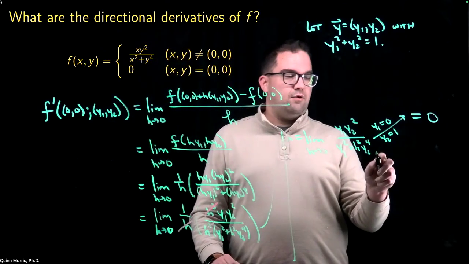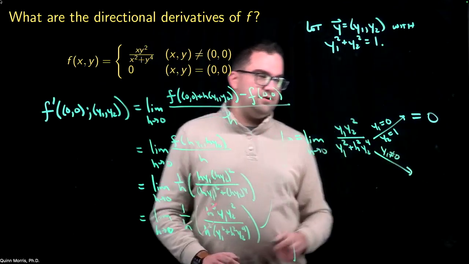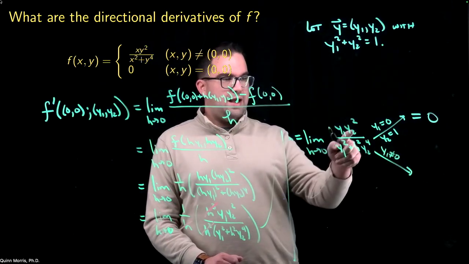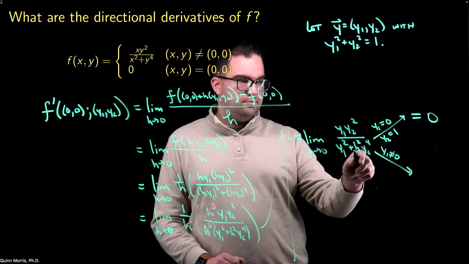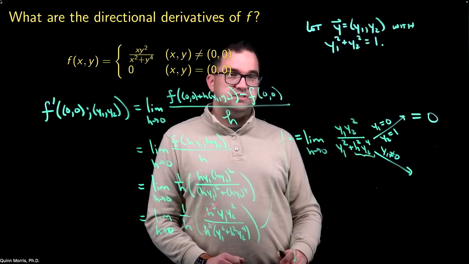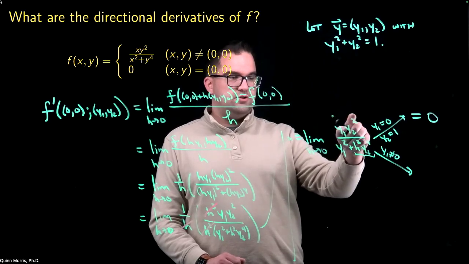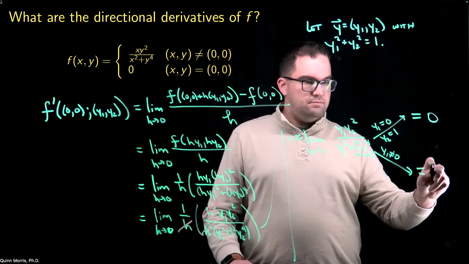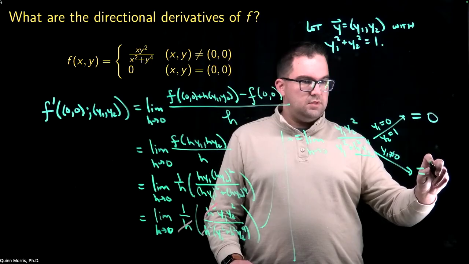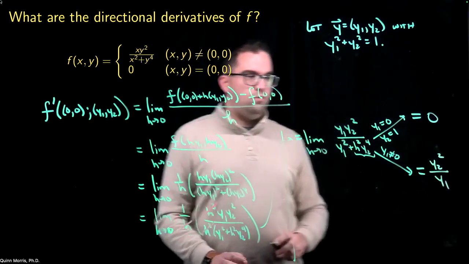Now, if y1 is not 0, then what happens? Well, as h goes to 0, this term goes to 0, and I end up with y1 y2 squared divided by y1 squared, which simply becomes y2 squared divided by y1.